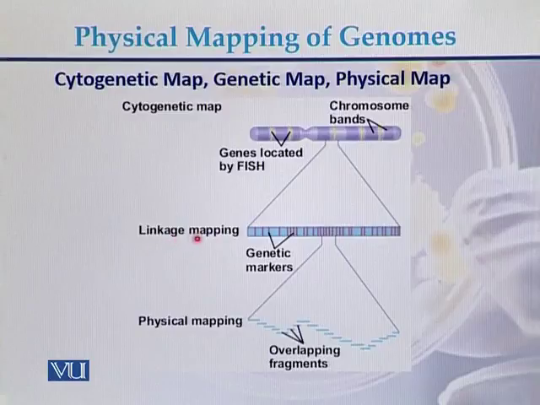In linkage mapping, which is usually performed with the help of genetic markers, we also do not see the exact location of the genes. While physical mapping is performed by sequencing the genomes, and by sequencing the genomes, we can know the exact location of the genes on the chromosomes.